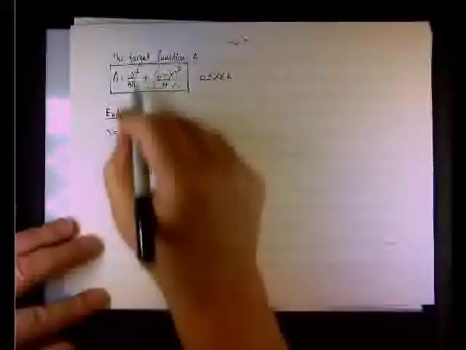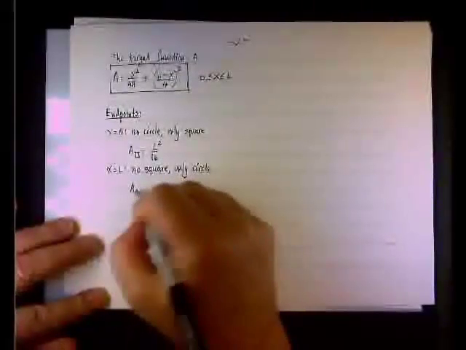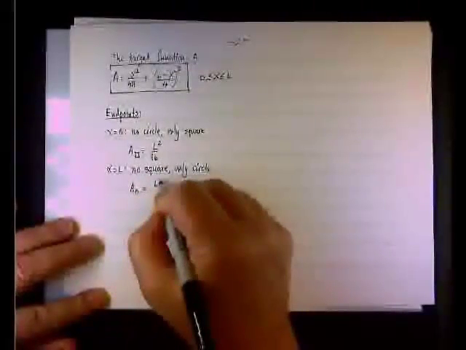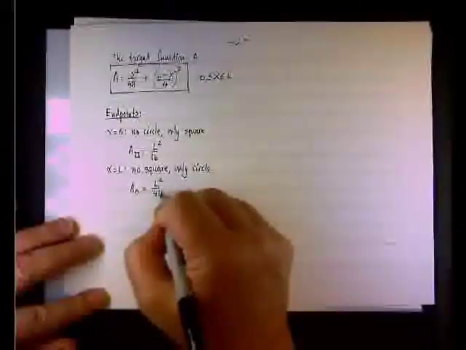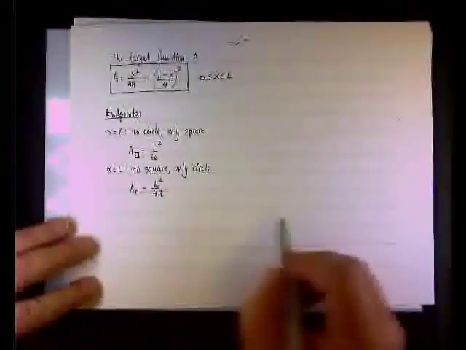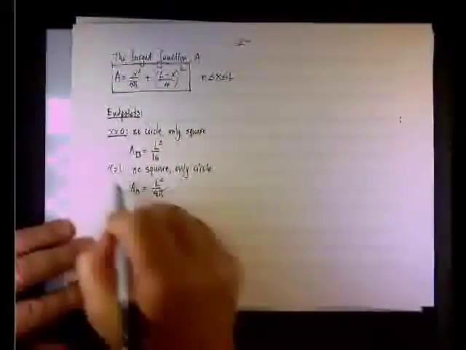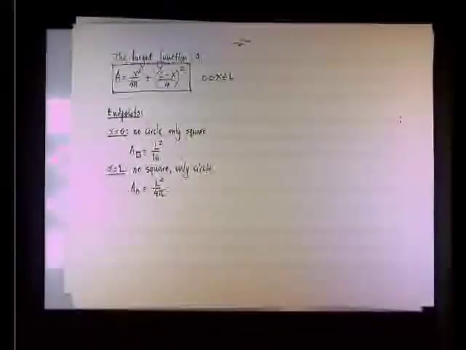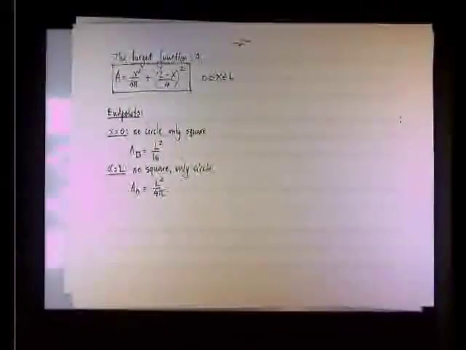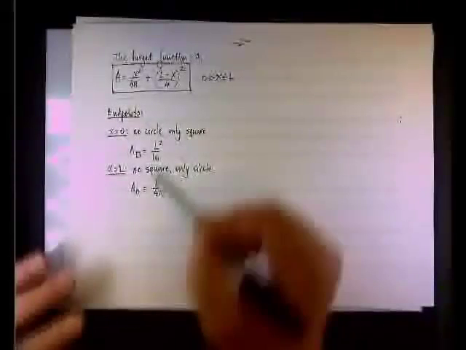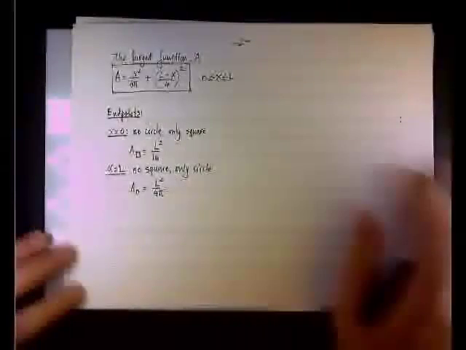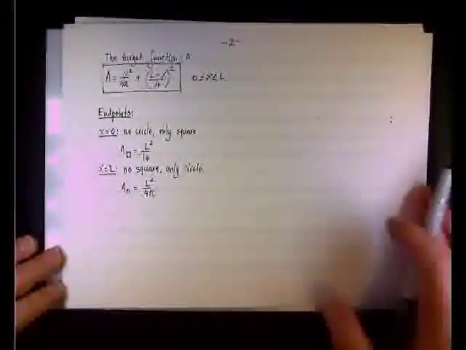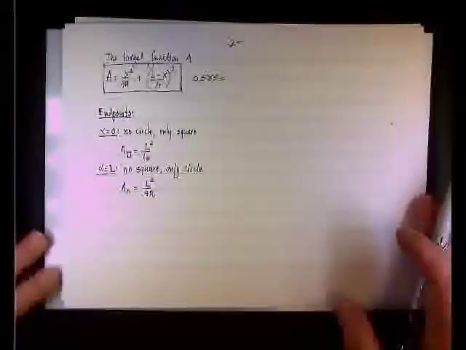And this is the area of the circle, so we have L squared over 4 pi. Now, of these two quantities, which one is smaller than the other? Remember, we're looking for the minimum. Is it the square or the circle? Which area is less than the other?